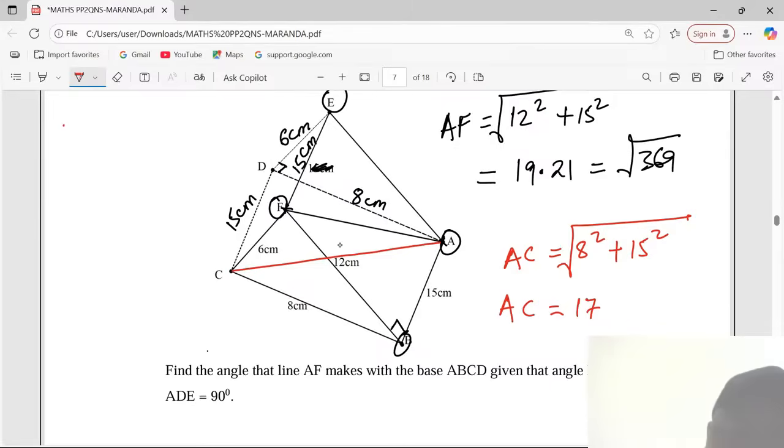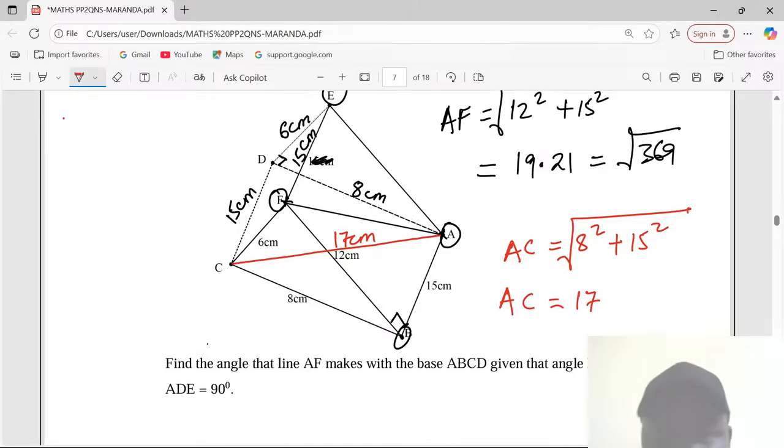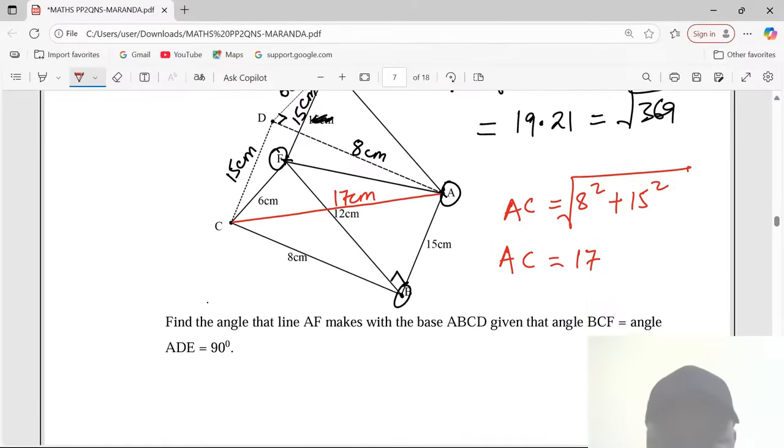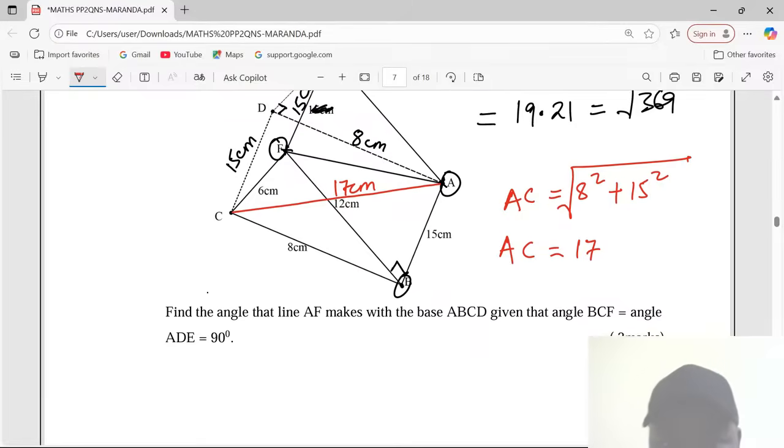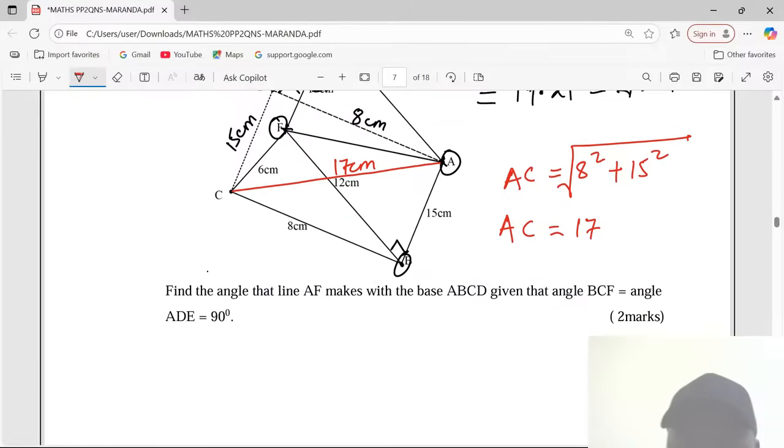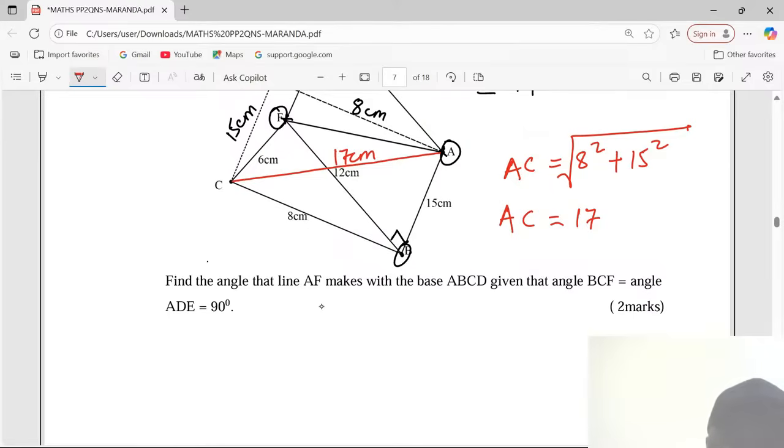So if this is 17, we are to find the angle between, we have already found the three sides for triangle ACF. So now we deal with ACF. This one is perpendicular.